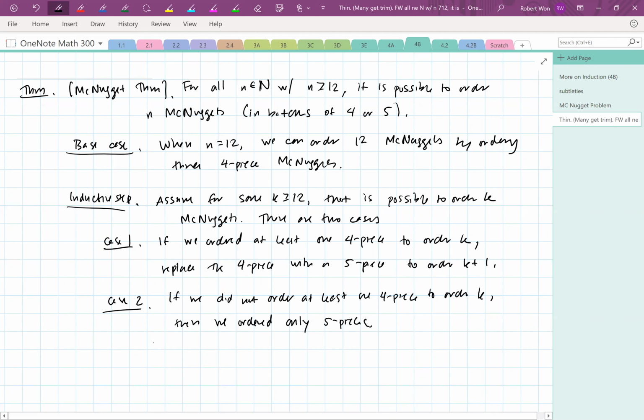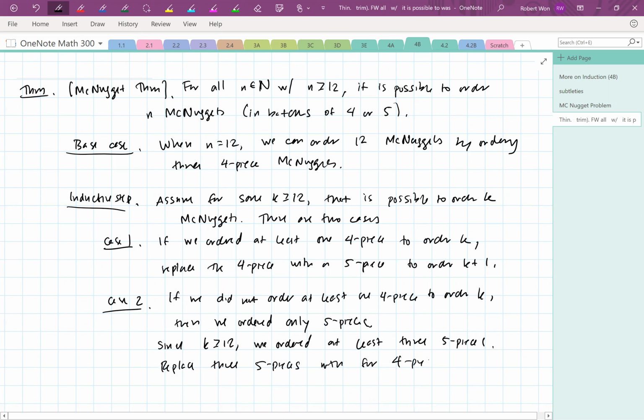So since k is bigger than or equal to 12, which is important, we ordered at least 3 5 pieces. Perhaps exactly 3 5 pieces. So replace 3 5 pieces, which we have ordered at least that many, with 4 4 pieces to order k plus 1.